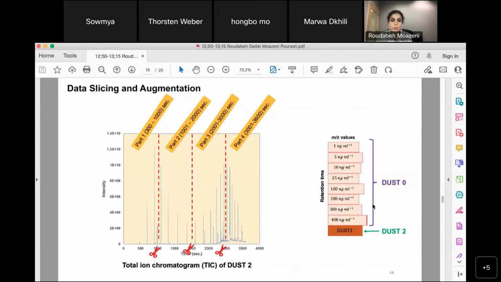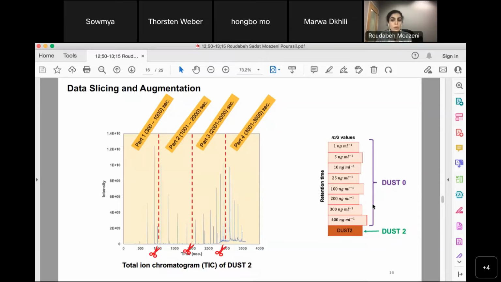For dust 2, which was the vacuum cleaner dust, we did the same procedure because it was more complex and it has more peaks in the chromatogram. We sliced the chromatogram in 4 parts, and after that we augmented dust 2 with dust 0 at 8 concentration levels.